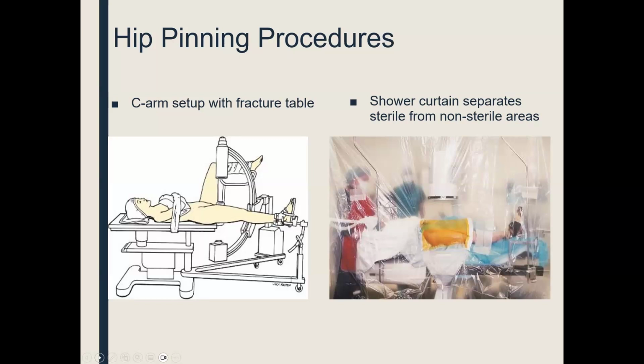One leg is up, the other leg is down. They would be operating on the one that is not up, okay? You can see how the C-arm is set up, and that would be for an AP projection. And the image on the right is a view from the surgical side of how that whole procedure would look, okay?